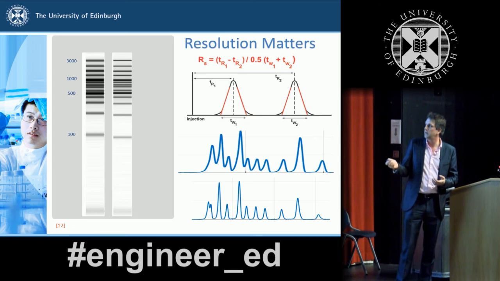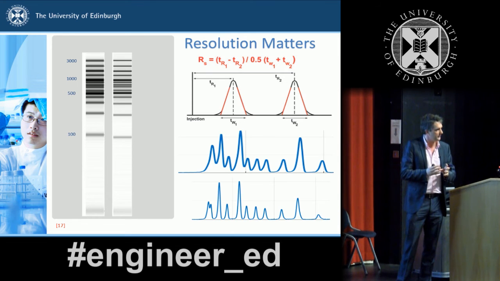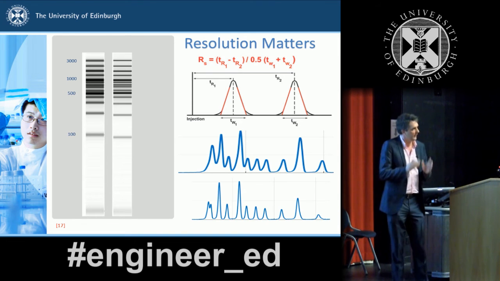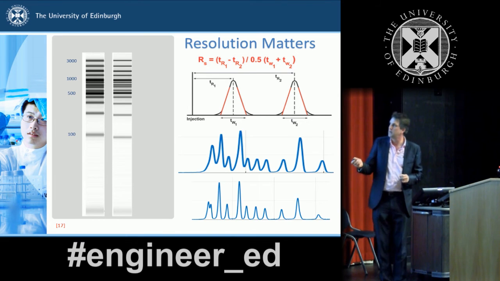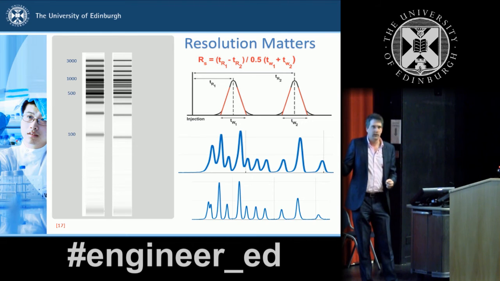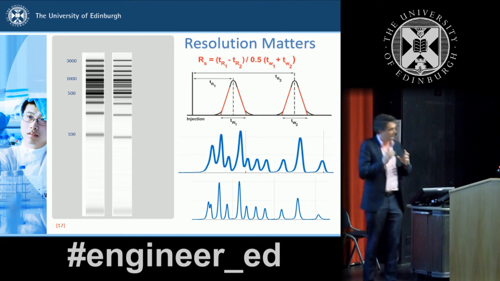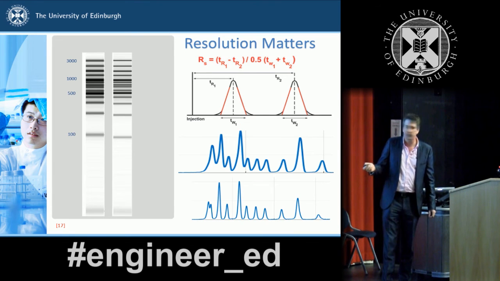Resolution here is basically the distance between the two peaks divided by the sum of the widths of the peaks. High resolution means that the widths of the peaks are very narrow. I've got two diagrams here, and we can see that this lower graph is much more resolved, the peaks are much sharper. If you look at the top graph, which has low resolution, the peaks are actually merged together, and in fact there are two peaks at the bottom.